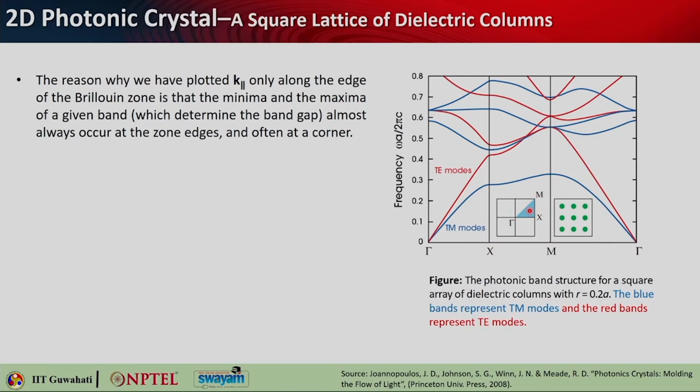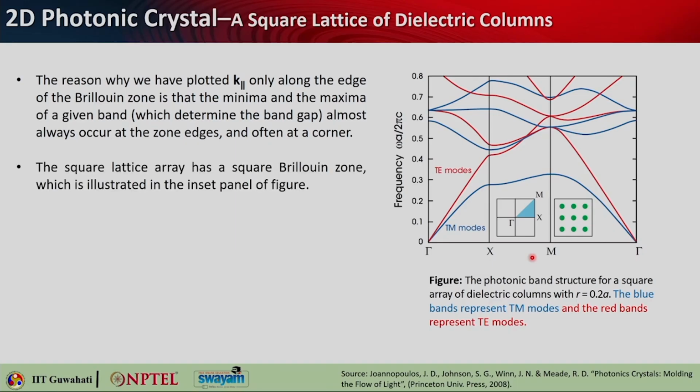There is no important information in the middle of the Brillouin zone, so we always go across the periphery instead of going inside. If you calculated all the points inside, this would take a 3D shape, and the computation time for the band structure would be really high.